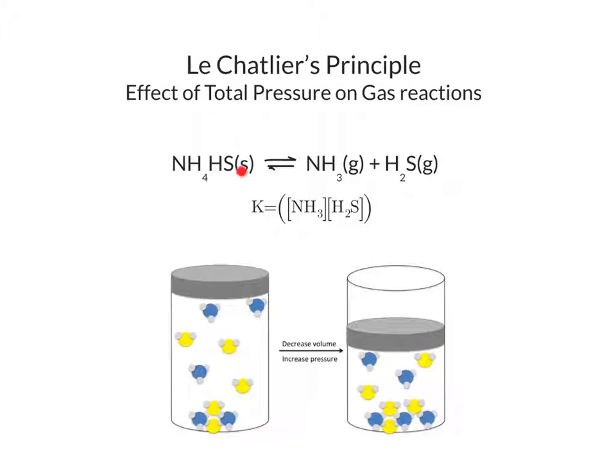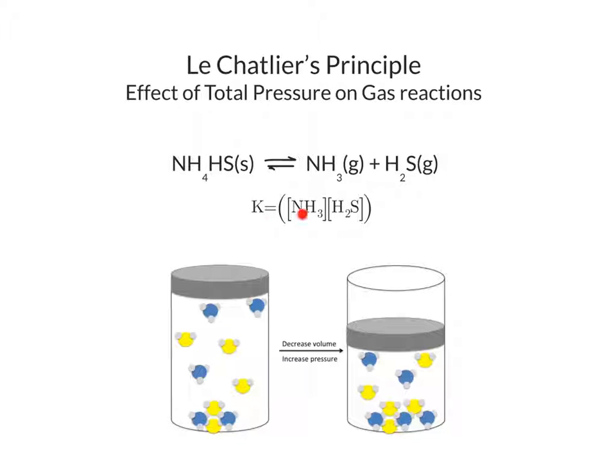So this reaction, if we visualize the equilibrium system from a molecular viewpoint, we've got solid NH4HS down here, and there are some gaseous ammonia and gaseous H2S molecules above that solid.